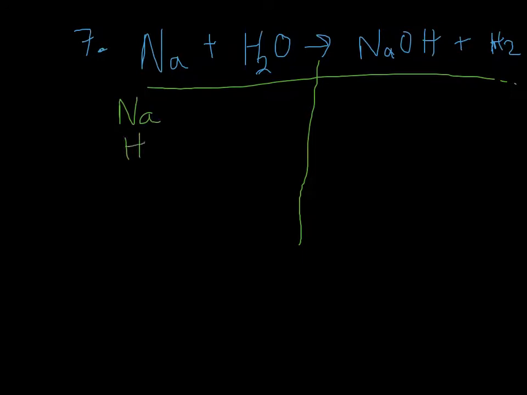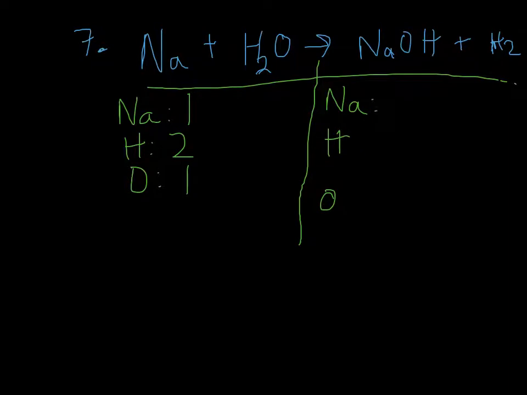So we have Na, H, and O, and on the other side we also have Na, H, and O. I like to write them in the exact same order, and what I mean by that is Na's on the top, H's, and then all the O's on the bottom, and I just wrote it in the order I saw it on this side, and so it dictated the order on that side just so I could see them visually across from one another. So how many Na's do I have? I have 1 Na, I have 2 H's, and I have 1 O.